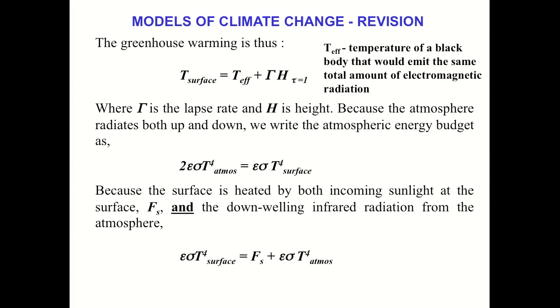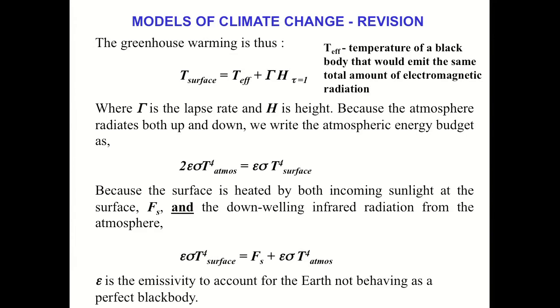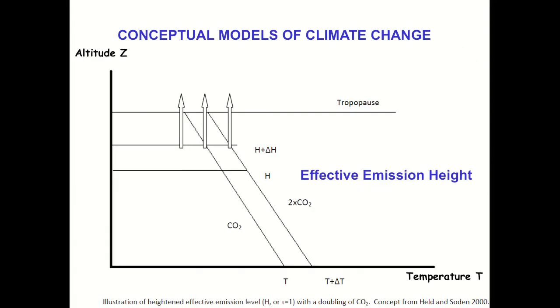So that's how we can relate the surface temperature to the atmospheric temperature. Remember, epsilon in this case is just a fraction to take account of the Earth not being a perfect black body.